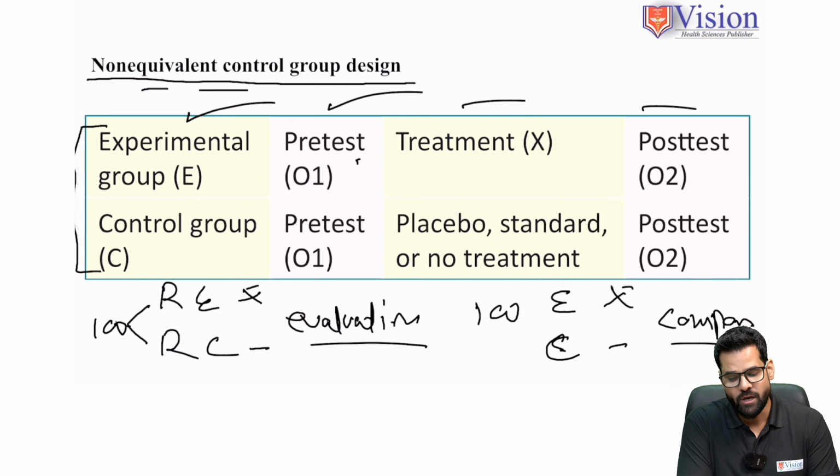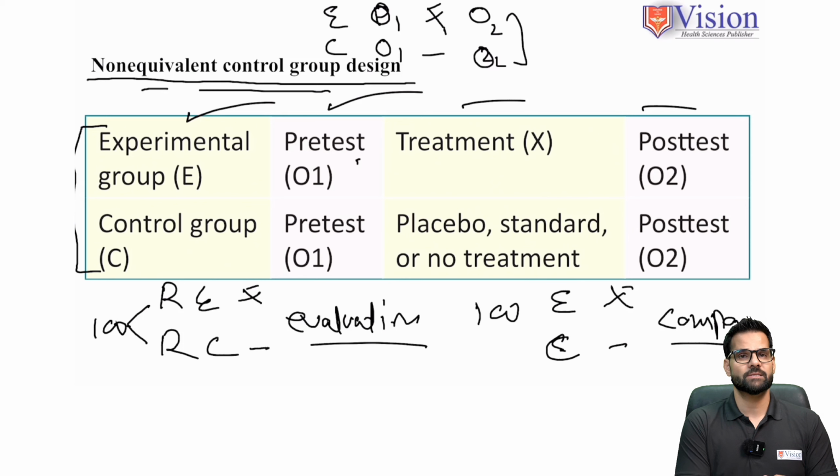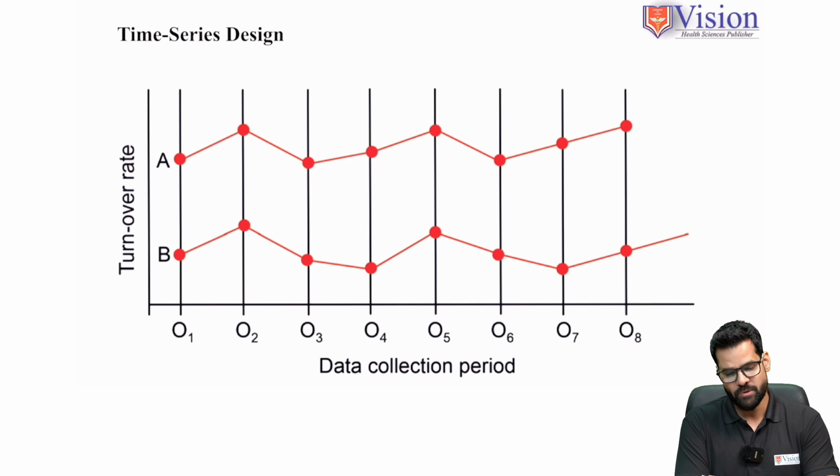What we are doing here is making two groups, experimental and control, then there will be a pre-test, what we call observation 1, then a treatment, and no treatment, and observation 2. That kind of design is called a non-equivalent control group design.